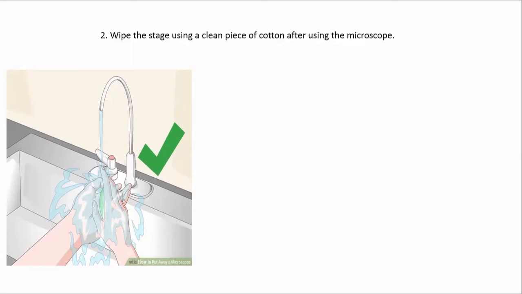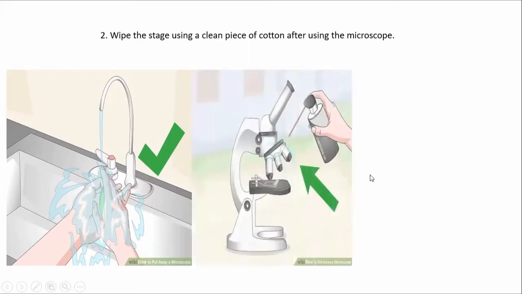The most important thing you need to remember is that before you clean the microscope, you need to make sure that your hands are clean, because you might have touched the table, you might have touched other lab equipment, so your hands might be dirty. So first of all, you have to wash your hands well, and only then start cleaning your microscope.